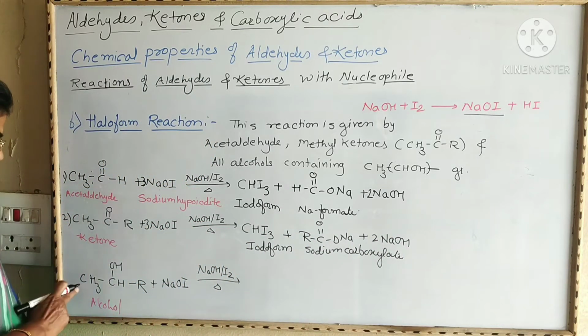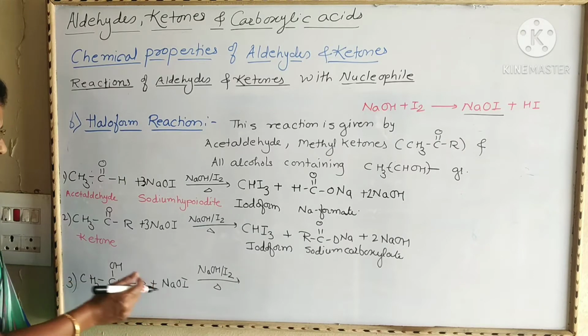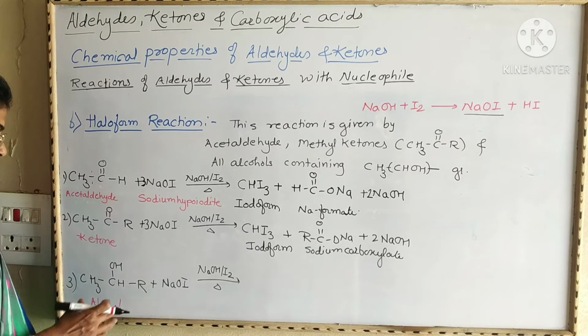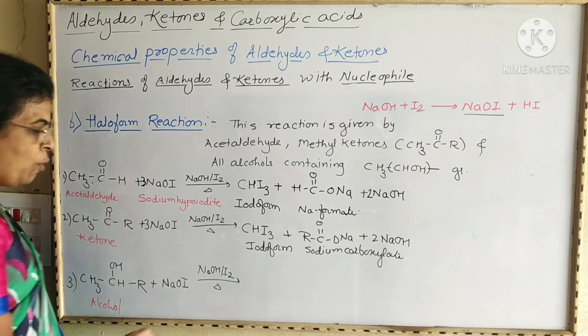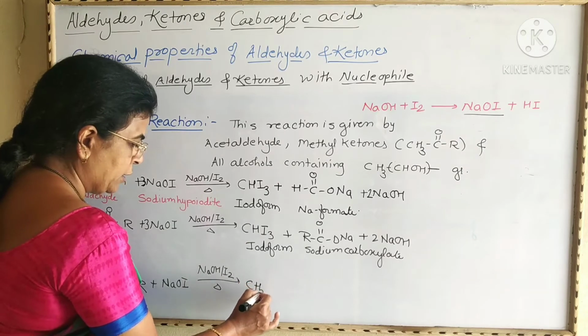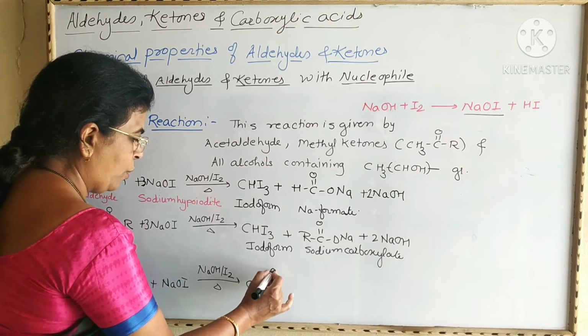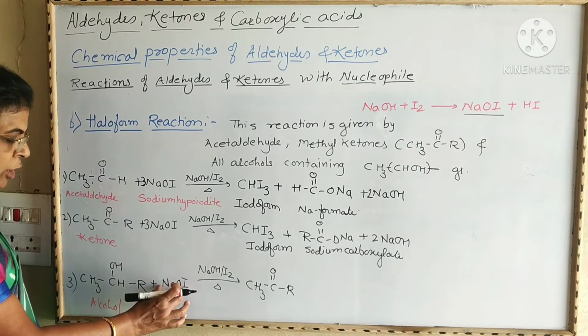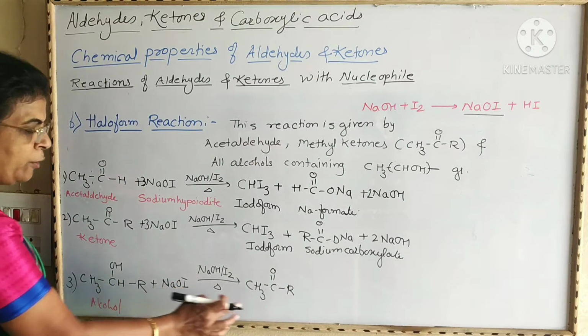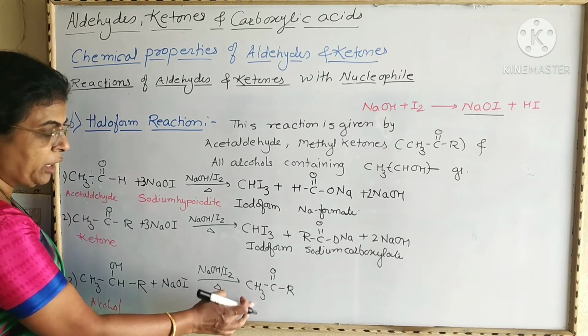Nice. Then third reaction, when this alcohol is treated with sodium hypoiodide, first this alcohol undergoes oxidation to form CH3 C double bond O R. That is, alcohol undergoes oxidation in presence of this sodium hypoiodide to form ketone. This is methyl ketone.